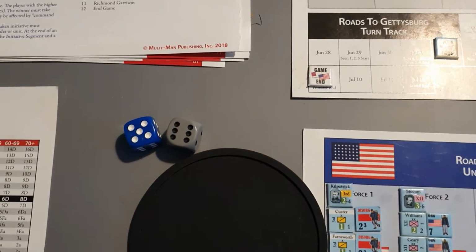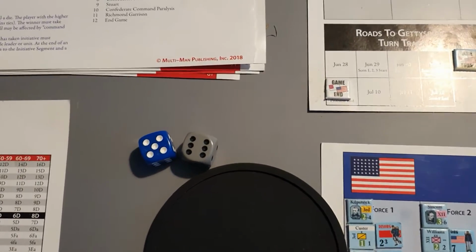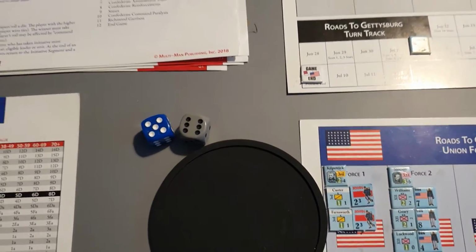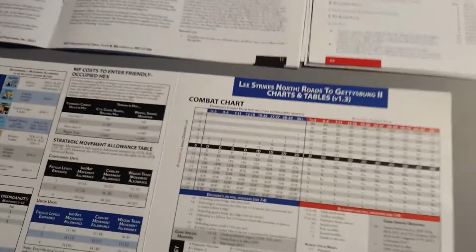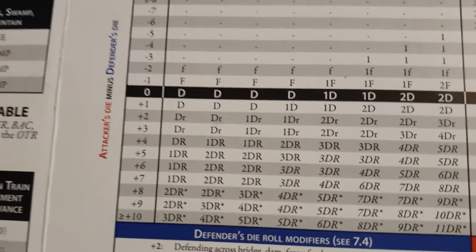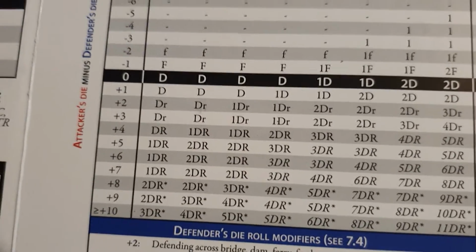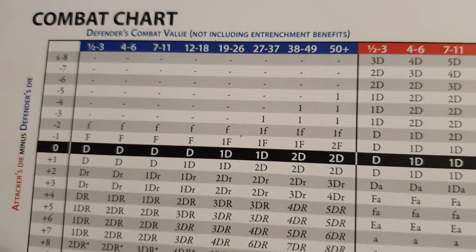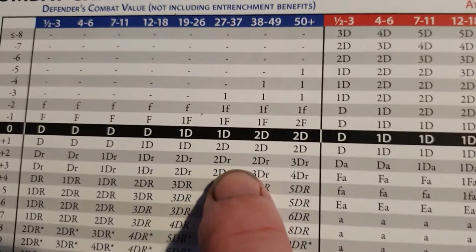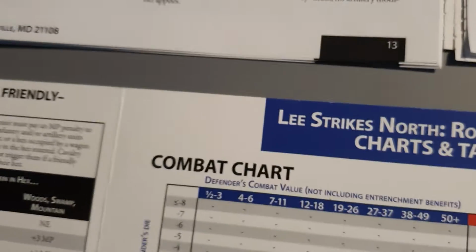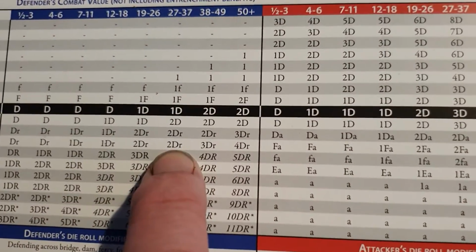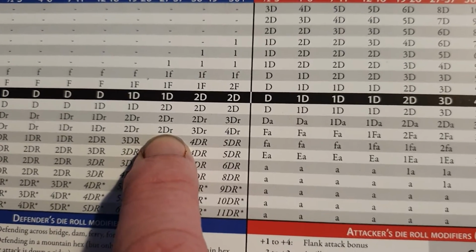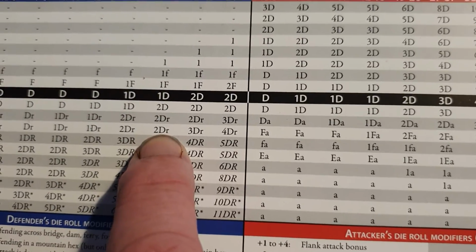So I take 9 modified from 6, 6 from 9, doesn't really matter, and I get a 3. So 3 is the row in which I resolve the result. So it's +3. Cross-referencing the 19 steps of the Union on +3 gives me a 2 DR. So that's 2 steps lost, a demoralization, and a retreat.